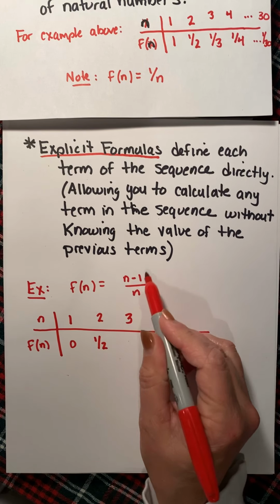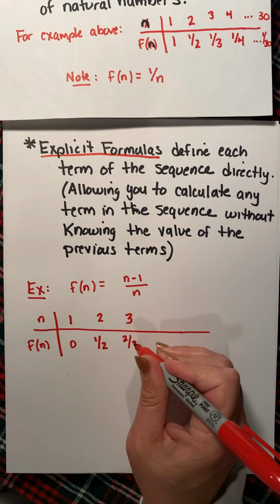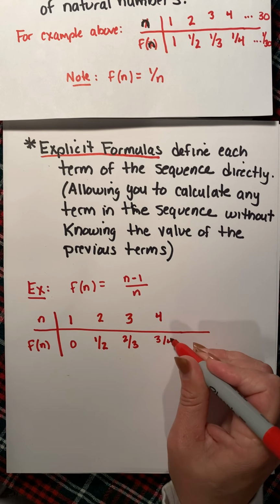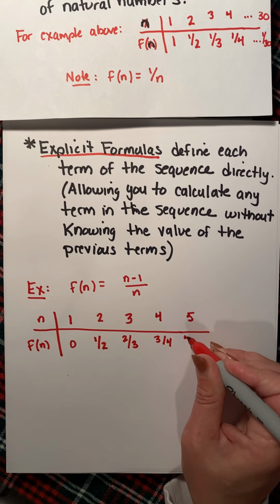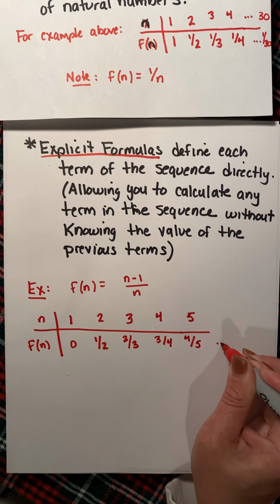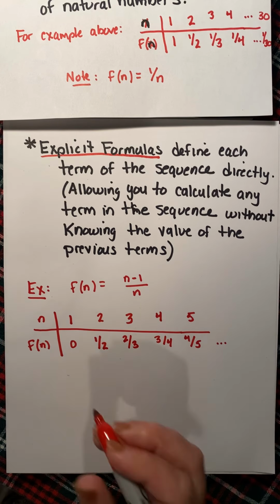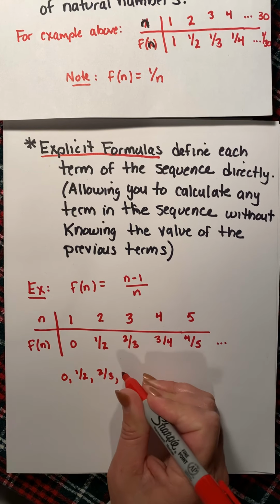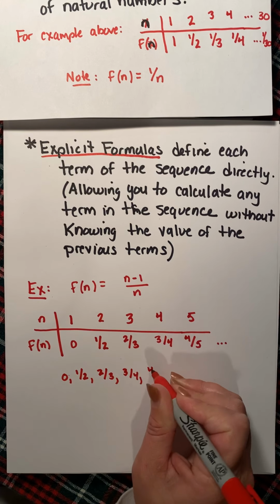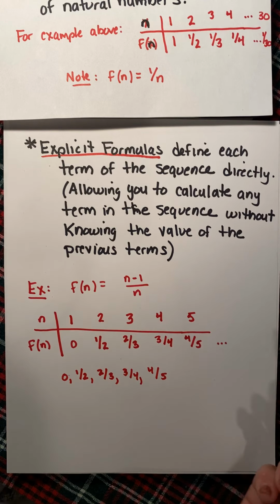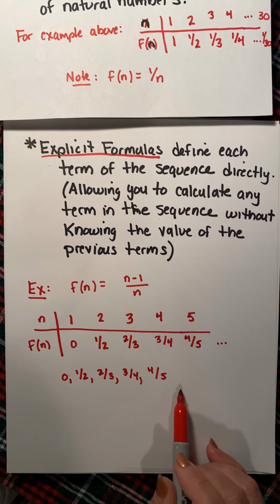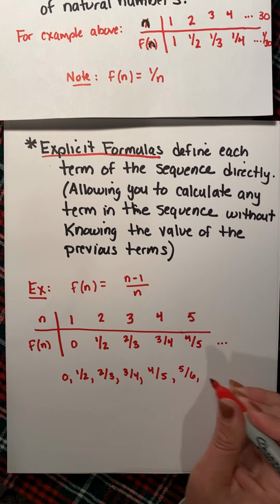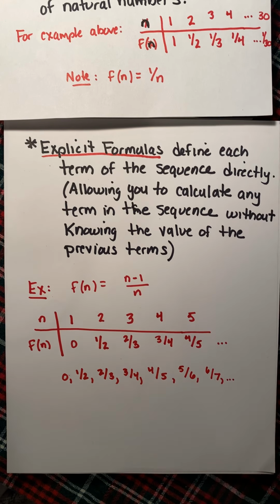At 3, we'd have (3 minus 1)/3, which is 2/3. At 4, we'd have 3/4. At 5, we'd have 4/5. So we can see that this sequence has this pattern: 0, 1/2, 2/3, 3/4, 4/5. So even without this template, we could probably see that the next terms in the sequence would be 5/6, 6/7, and so forth.